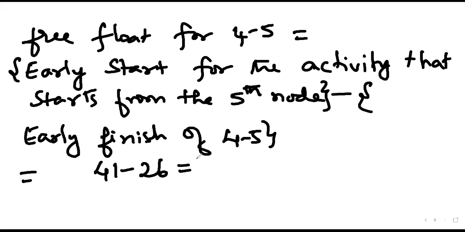Early finish for 4-5, I think it was 33. Is it right? 33. Yes. So 41 minus 33, the answer is how much? 8. Correct. I hope everyone is getting the same answer.